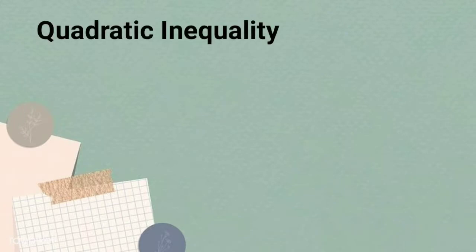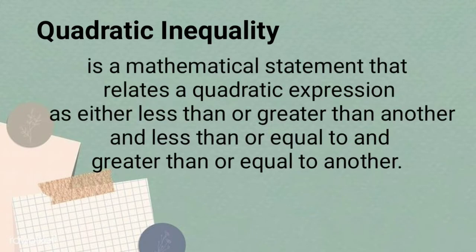A quadratic inequality is a mathematical statement that relates a quadratic expression as either less than or greater than another, and less than or equal to and greater than or equal to another.